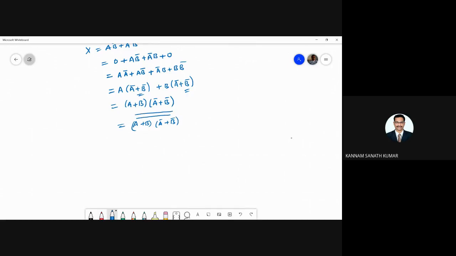So if you apply De Morgan's law, A plus B whole bar plus A bar plus B bar whole bar, again whole bar.